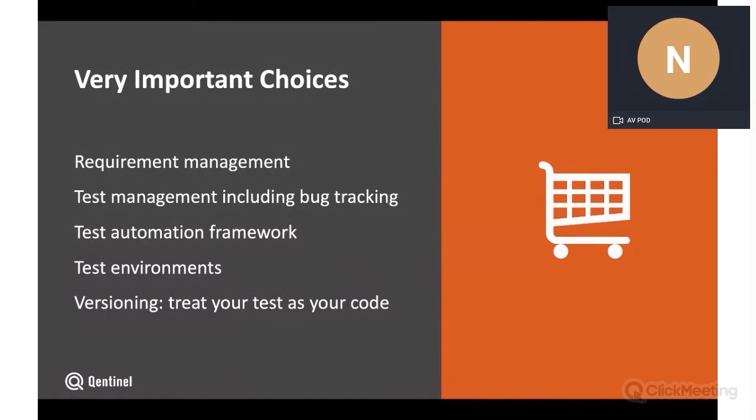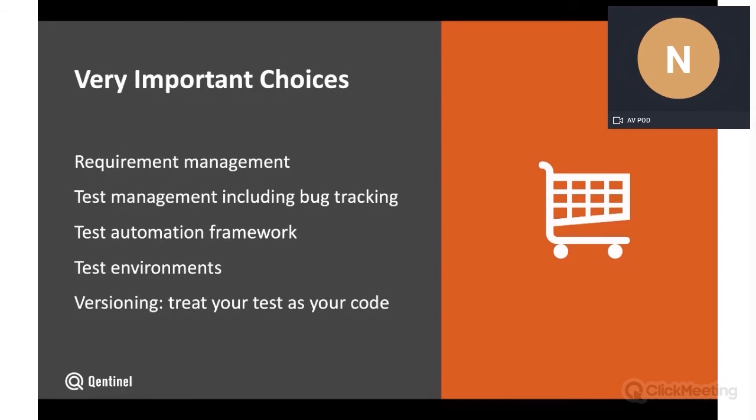A few very important choices that you need to make while embarking on this journey. First 2 points: requirement management, task management, including bug tracking, out of which it really depends on what organizations you're working for. For a highly regulated industry like medicine or banks and insurance or manufacturing, there might be strict requirements on having actually requirement management and test management tools.